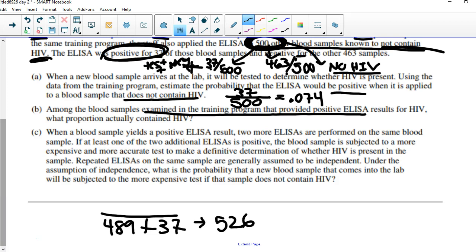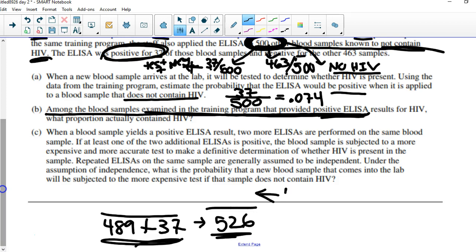Okay, so what does that mean? Those are the 526 people who tested positive. That's what we care about. That's the given. Among the blood samples that tested positive for ELISA, what proportion actually contain HIV? So out of this group here, this 526, who actually have HIV?